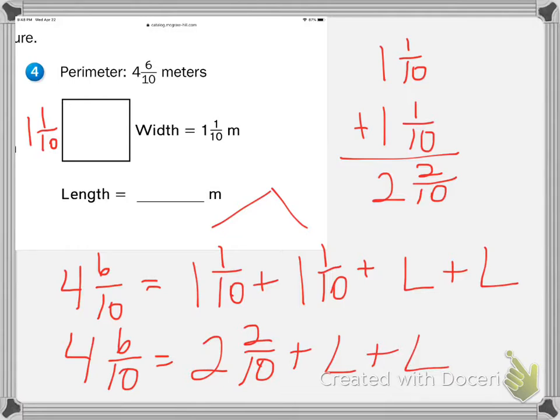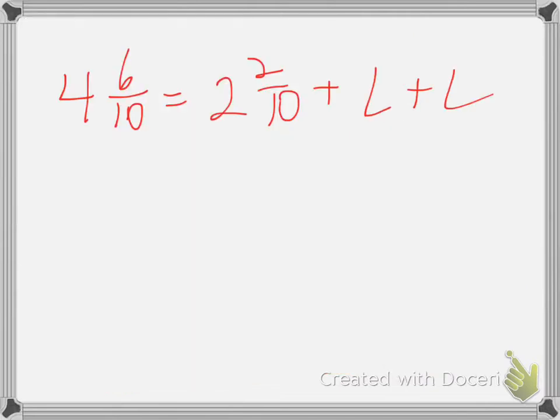So what plus 2 2/10 plus 2 2/10 equals the 4 6/10? I'm going to go ahead and write this on the next page. We need to see how much more we have to go to get that 4 6/10.